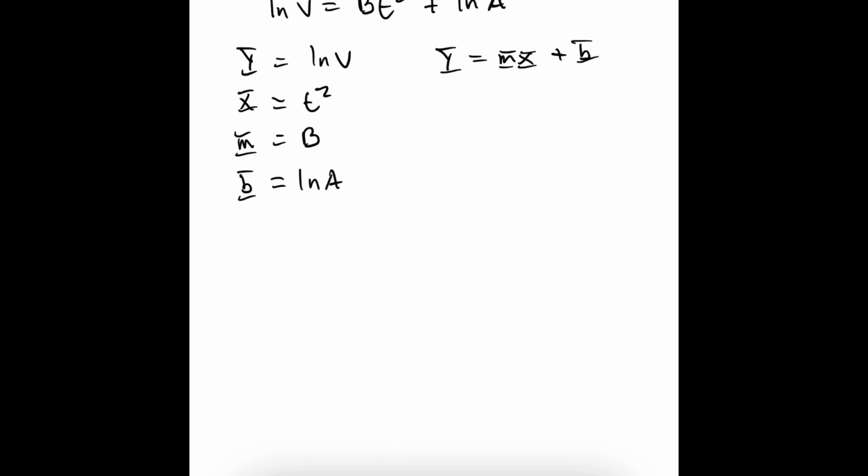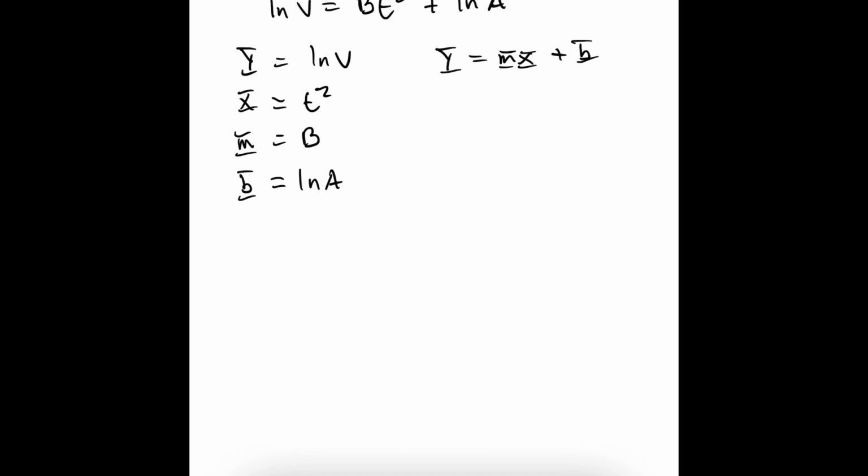Now, what would he have plotted versus what? He would have plotted the natural log of the volume versus the time squared. On what kind of coordinates? You could do this on rectangular coordinates, or you could plot the volume on log coordinates. Either way. I like using rectangular coordinates, so that's what I'm going to use.